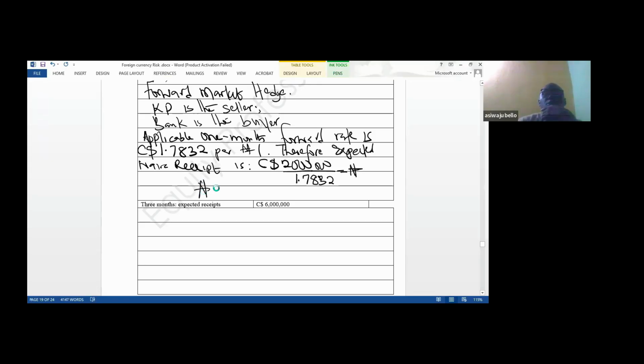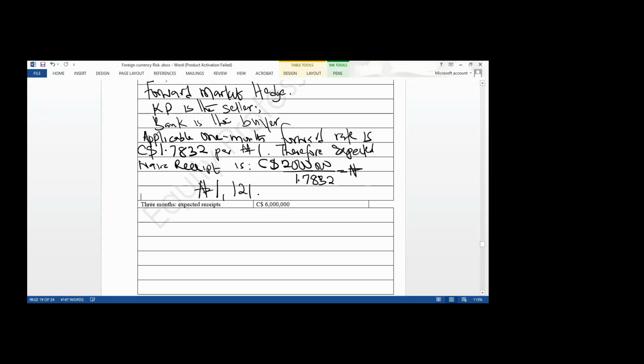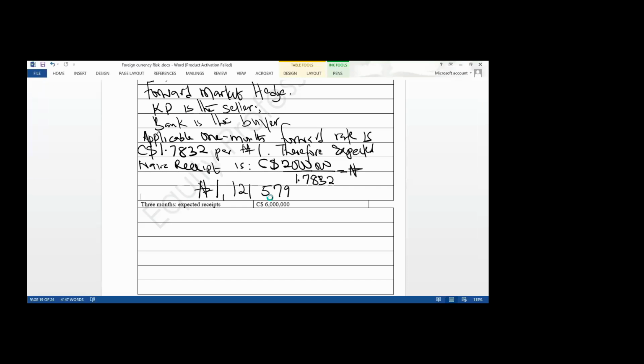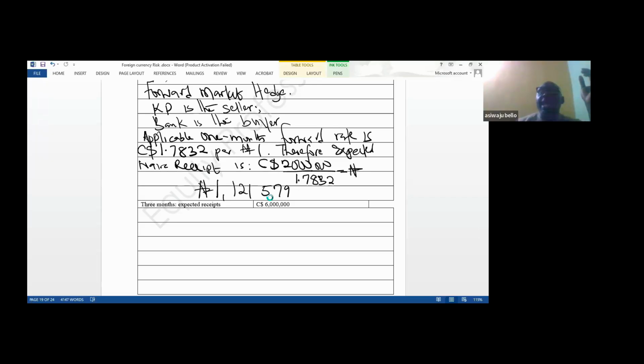Naira amount 1,121,579. That is the naira amount the company will expect in 1 month's time, if you hedge under forward market.